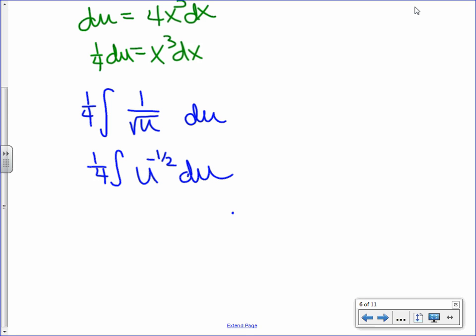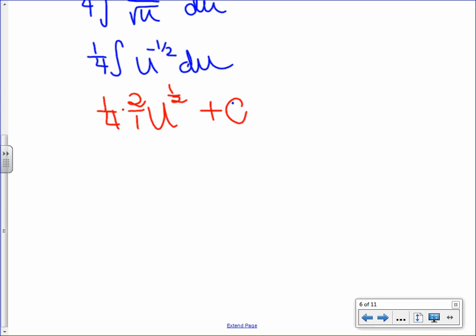So now when we integrate, we still have this 1/4. u to the negative 1/2 becomes u to the 1/2, and then we have to divide by 1/2, plus c. So it's 1/2 u to the 1/2 plus c. But what was u? 1 plus x to the 4th.